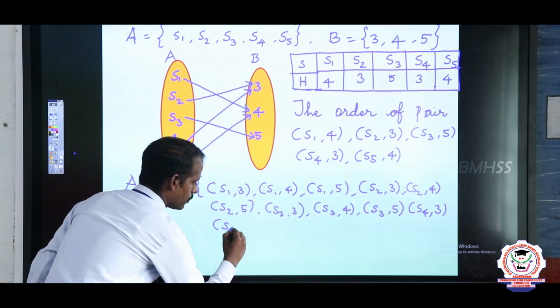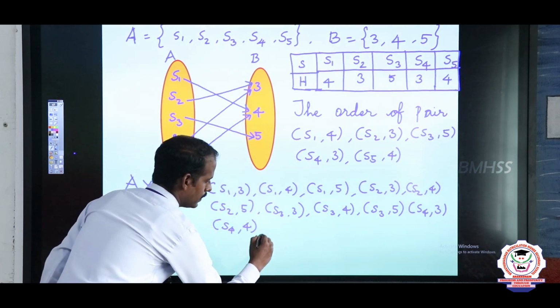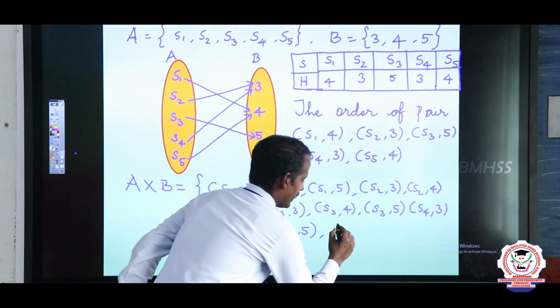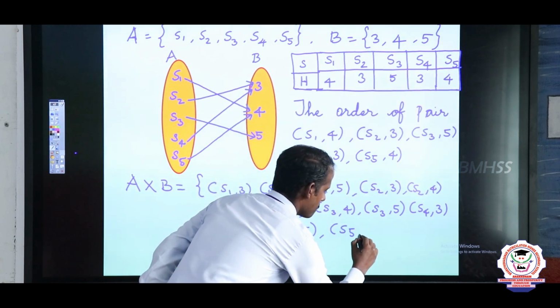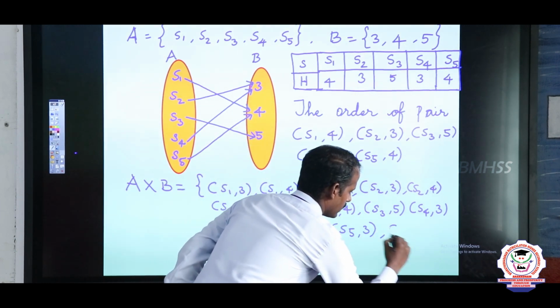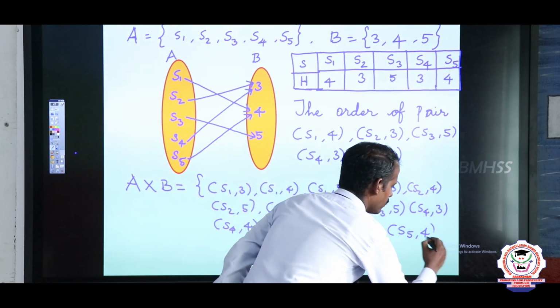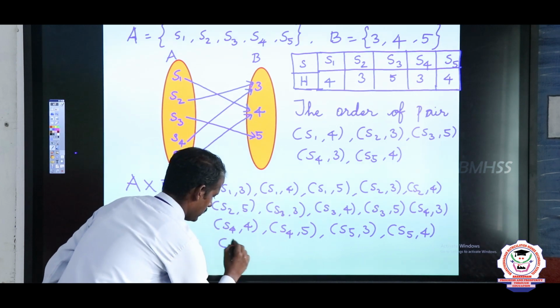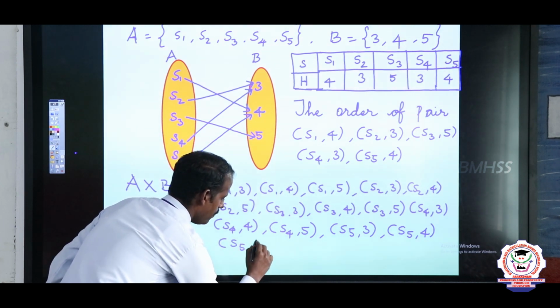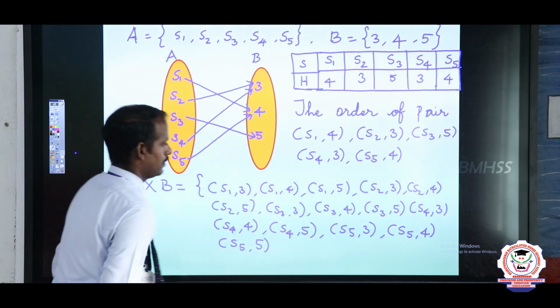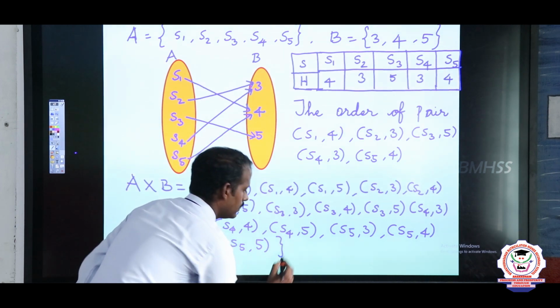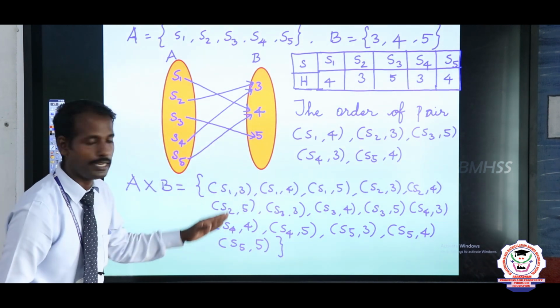Next S4 comma 4. S4 comma 5. S5 comma 3. S5 comma 4. Next S5 comma 5. This is A Cartesian product B.